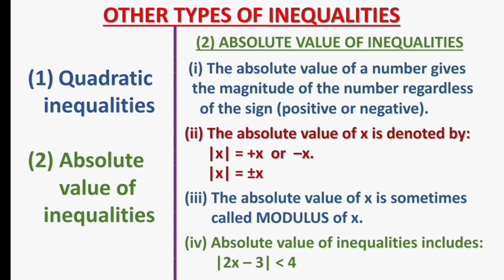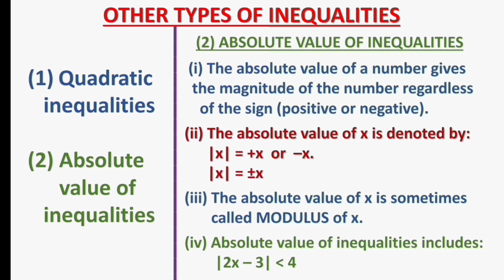Number 2. Absolute value of inequalities. Point number 1. The absolute value of a number gives the magnitude of the number regardless of the sign, that is either positive or negative. Point number 2. The absolute value of x is denoted by two straight lines beside x, which represents plus x or minus x. That means the absolute value of x is plus or minus x.